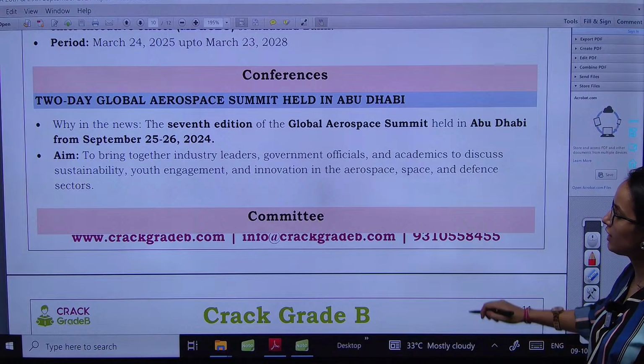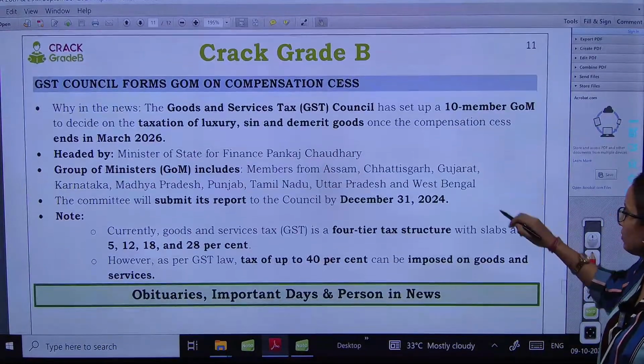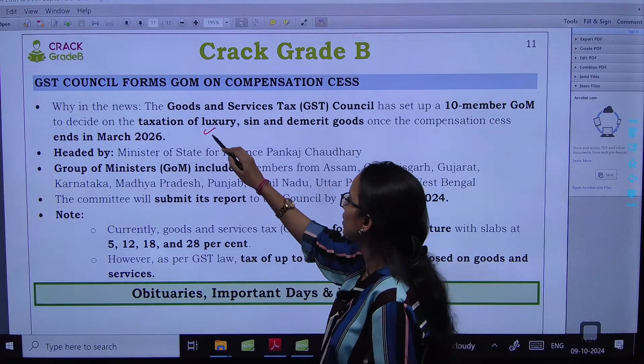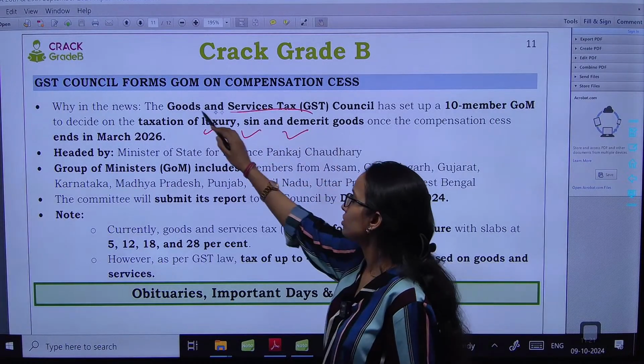Next, in the committee section, you have GST Council setting up 10-member committee, group of members on the taxation of luxury, sin and demerit goods.